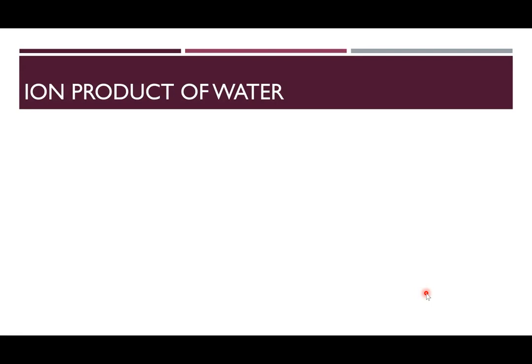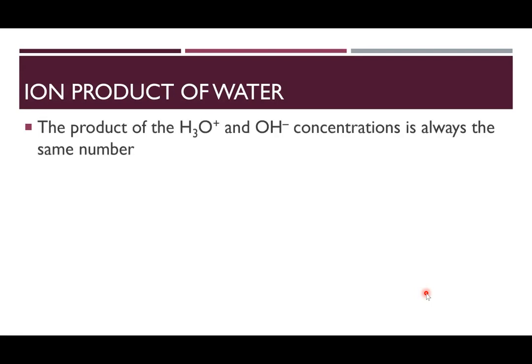So again, we're building a skill set here. The ion product of water, that Kw, is the concentration of hydronium times the concentration of hydroxide, and it equals 1.0 times 10 to the negative 14th.